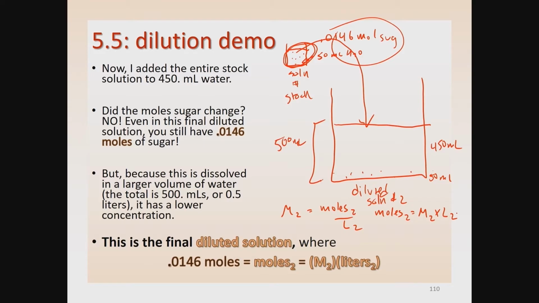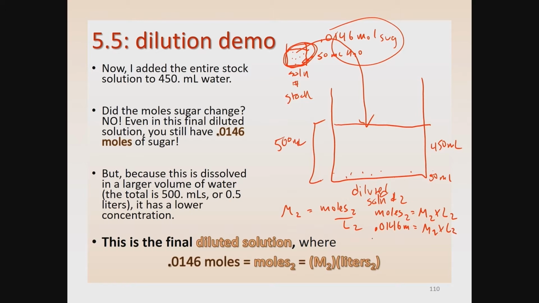And so you could figure out, for example, what L2 is. It would be 500 milliliters total. But note, again, you're just basically taking the sugar from the stock solution and dumping it in and diluting it. And so all the moles are still there. So we're still at 0.0146 moles is equal to M2 times L2.